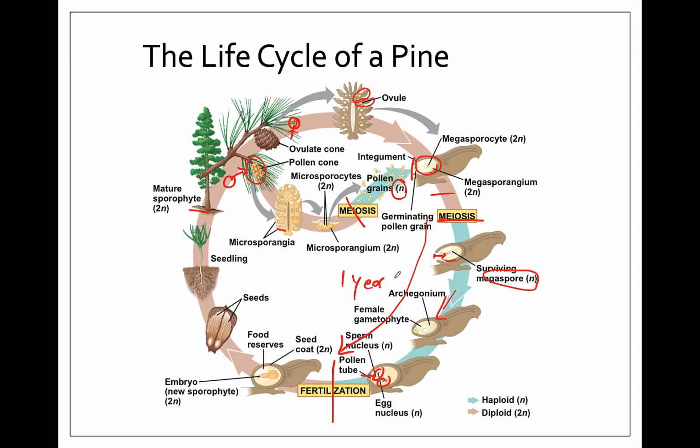And then we will get a diploid new embryo. This develops into a full-on seed. So here's my embryo. My food supply will be in here, and then this is my protective covering. When that lands in the earth in a good environment, it germinates, turns into a seedling, which can then grow into a mature tree with both male and female cones.